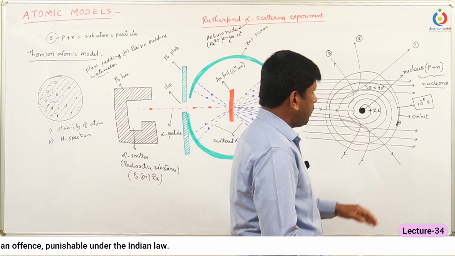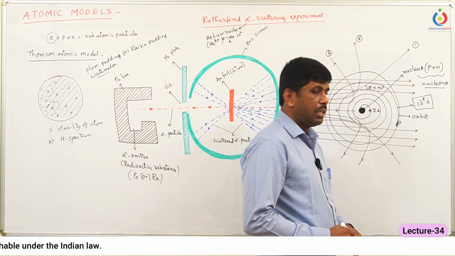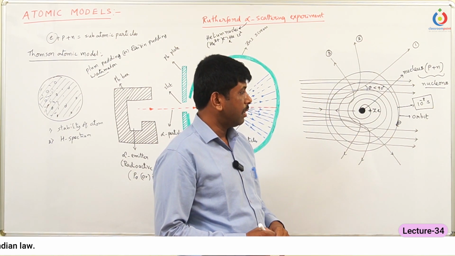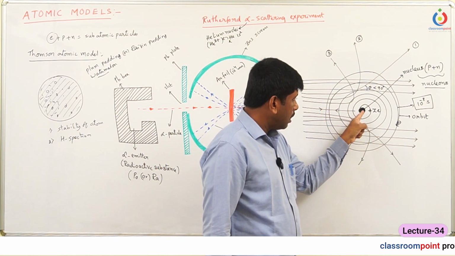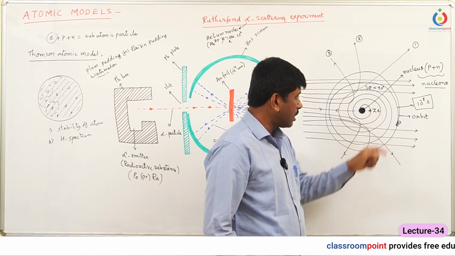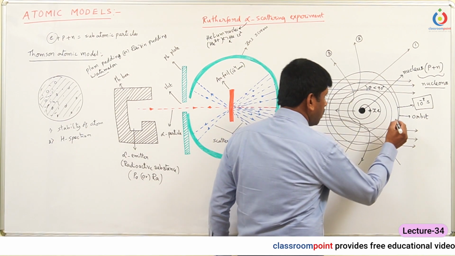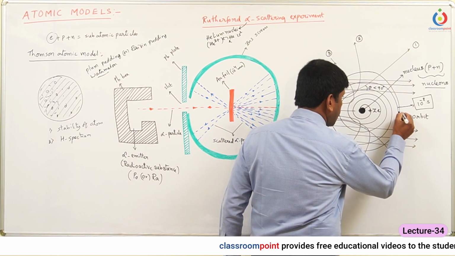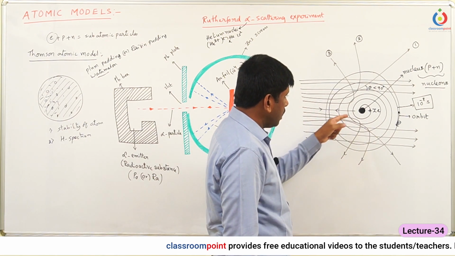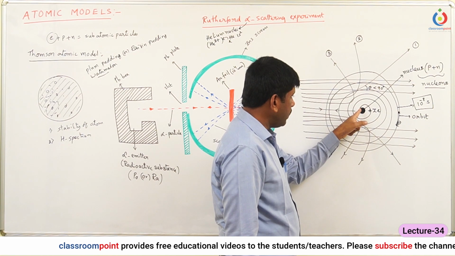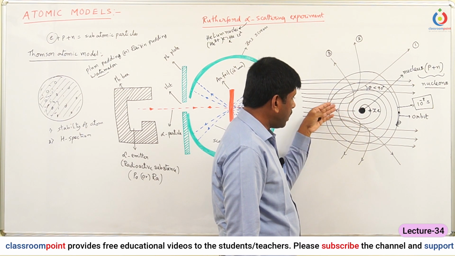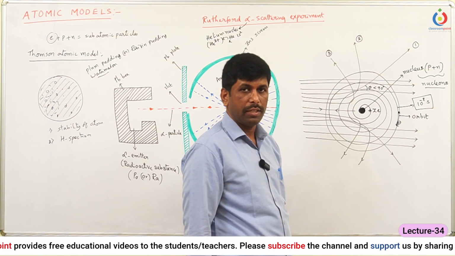Now, apart from that, what other information has he given about both the nucleus and the atom? Certain areas were not struck by the alpha particles, because in that area a dense nucleus is there, which does not allow the alpha particles to hit the screen.